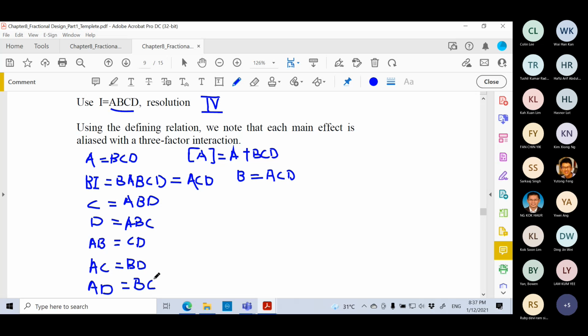You have 14 of them, plus ABCD is 15 of them. Altogether, you have completed everything.